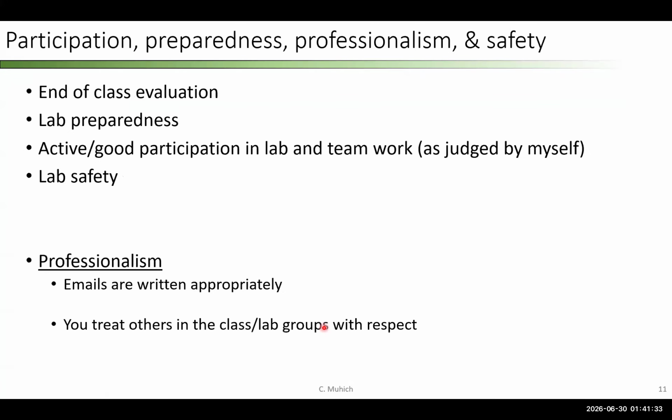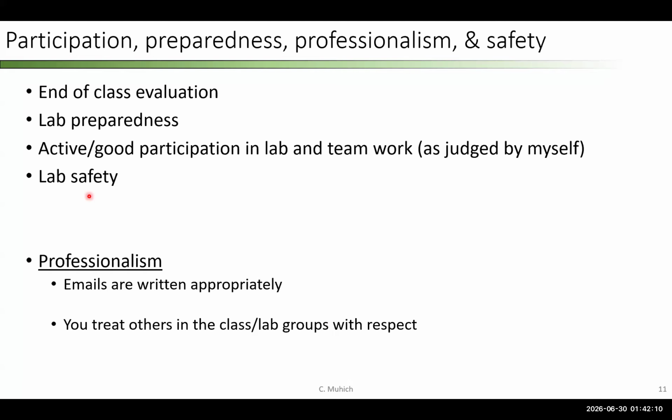I want to take a second and talk a little bit more about participation, preparedness, professionalism, and safety. These categories will include things like completing the end of class evaluation, being ready on time for lab, participating in lab and teamwork in an active and constructive manner, and conducting yourself safely in lab. This is very important because safety should always be the first thing that we think about when we go through any industrial chemical process.